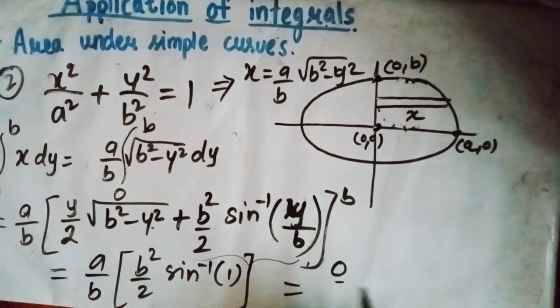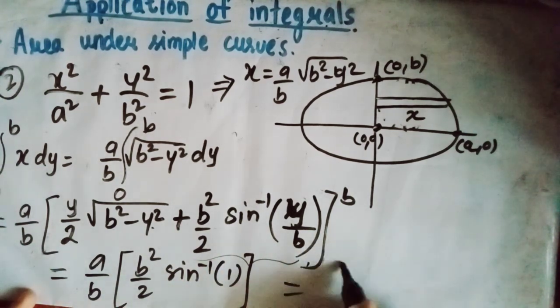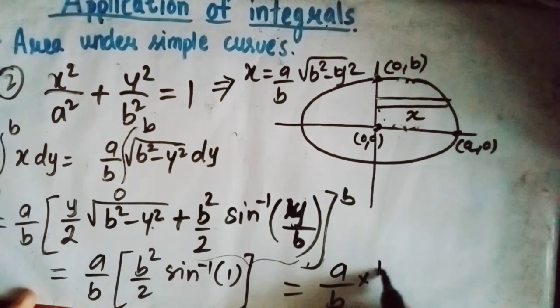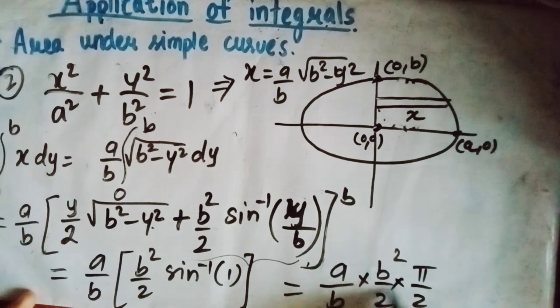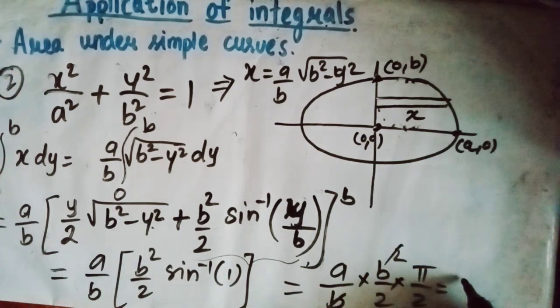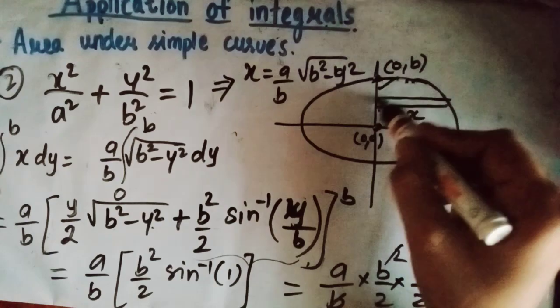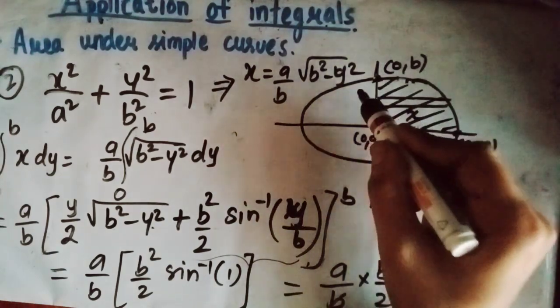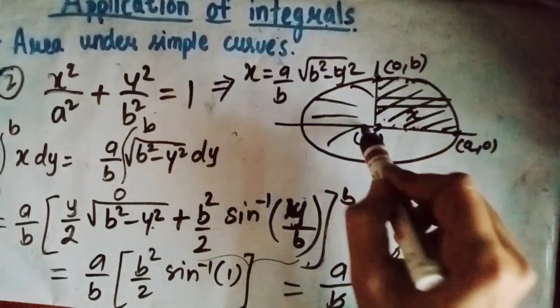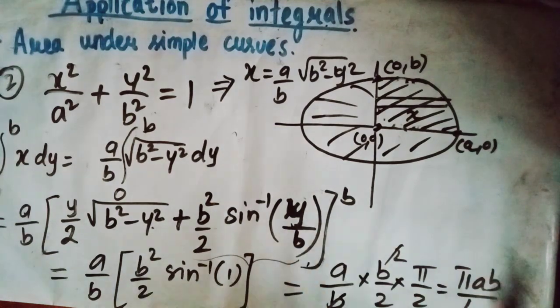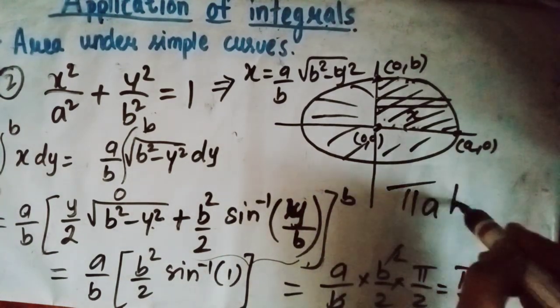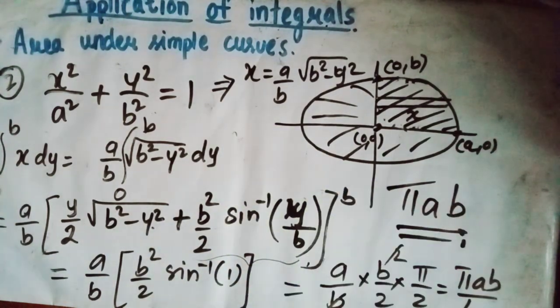So we get a by b into b square by 2 into pi by 2. One of the b's gets cancelled, so it is pi ab by 4. This area is of only this part, so we need 4 such parts, so you multiply by 4. The final answer is pi ab.